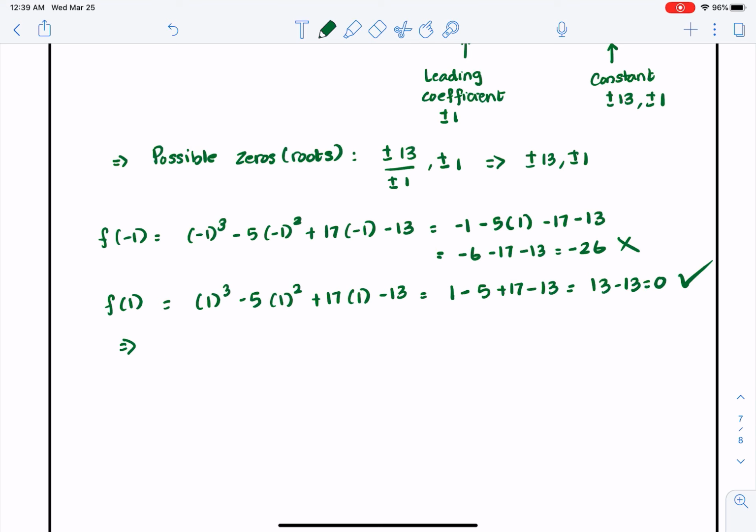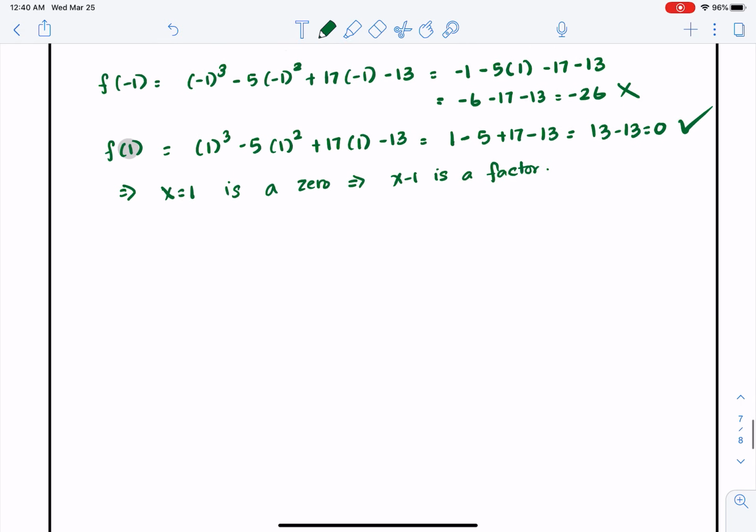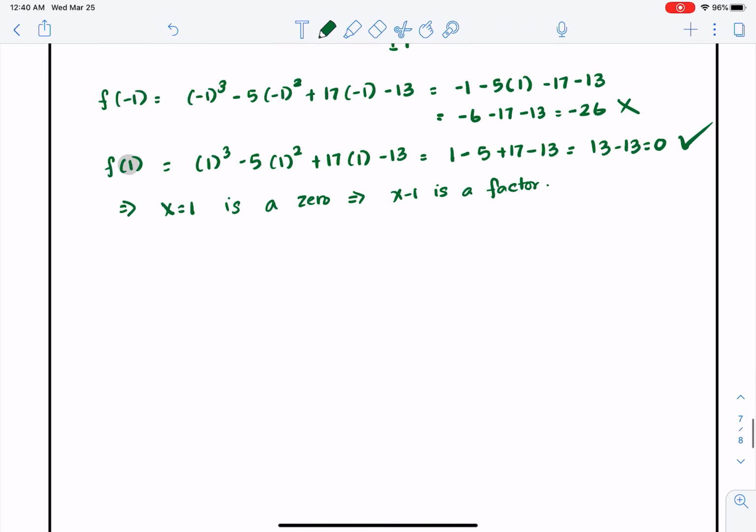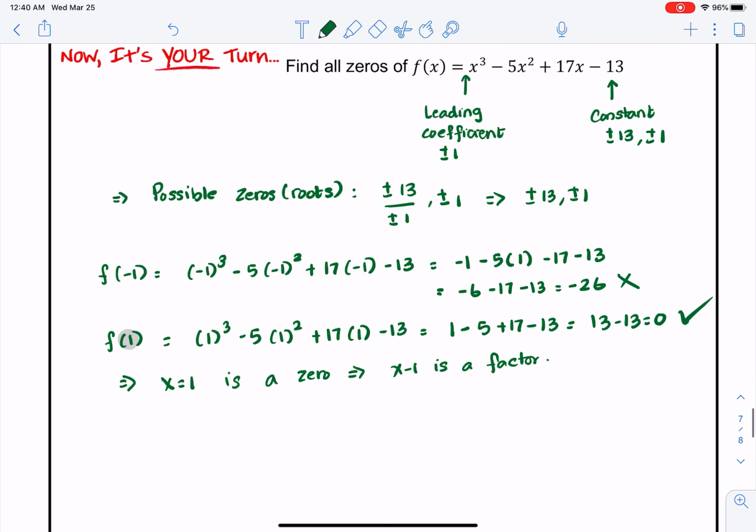So the first zero is 1, right here. It is a 0, which would imply x minus 1 is a factor. Since we know that x minus 1 is a factor, we can use synthetic division to find the other zeros.